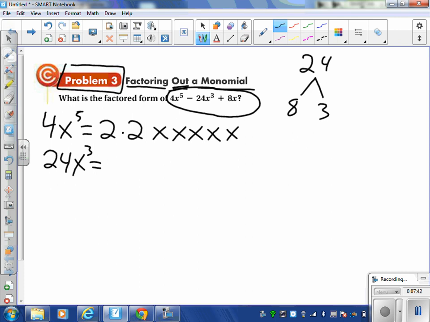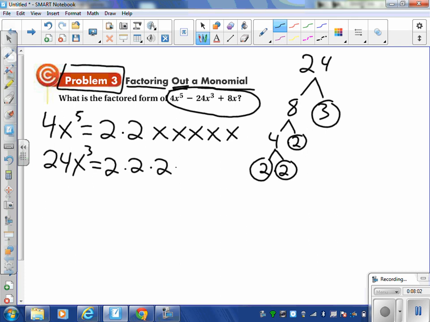But then again, we can break down 8 into 4 times 2, but then we can break down 4 into 2 times 2. So my factors would be 2, 2, 2, and a 3. So I write that as 2 times 2 times 2 times 3 with 3 x's in the problem.